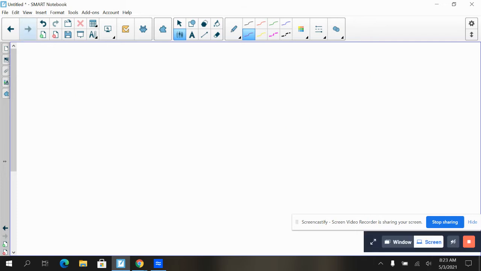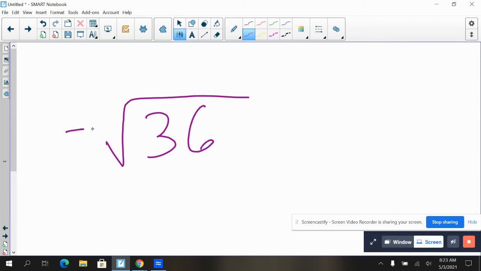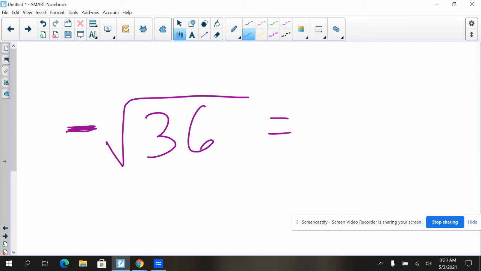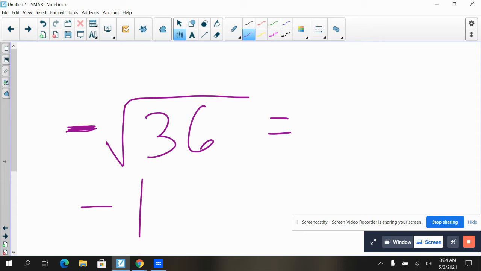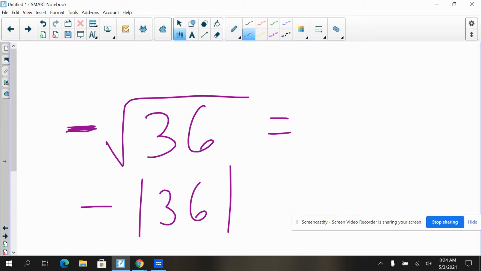Now, let's move on. What if we have this? Now we have a negative on the outside of the radical sign. Remember the absolute value of a number, the distance away from 0? When we're talking about square roots, we're not talking about that, but I just want to show you this because it's similar.